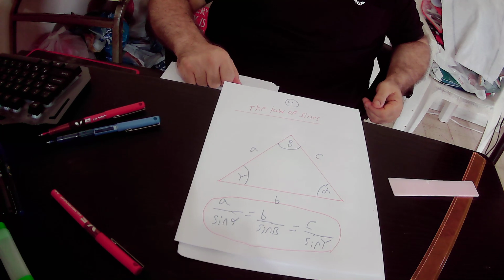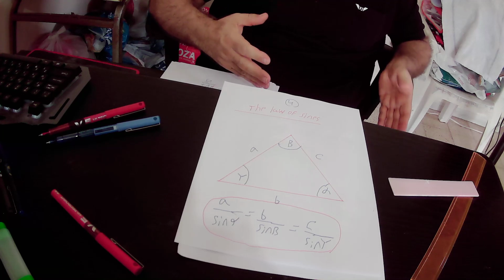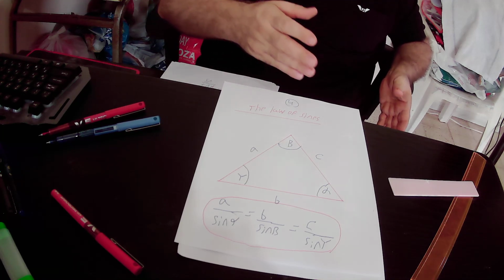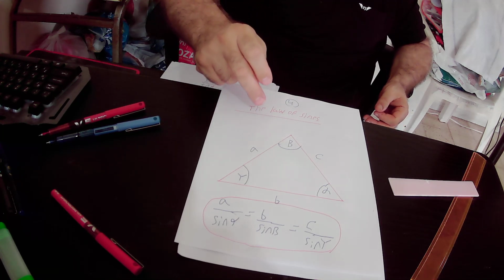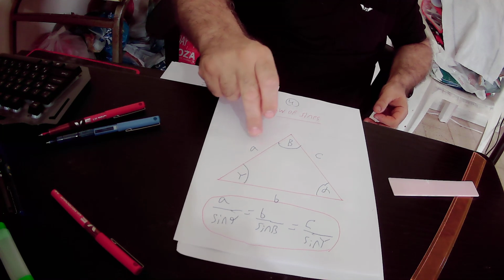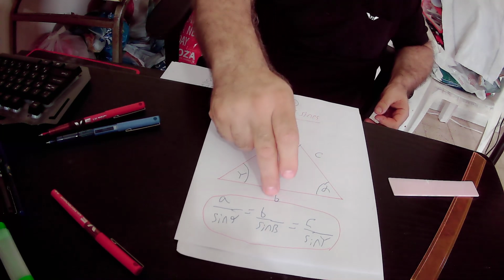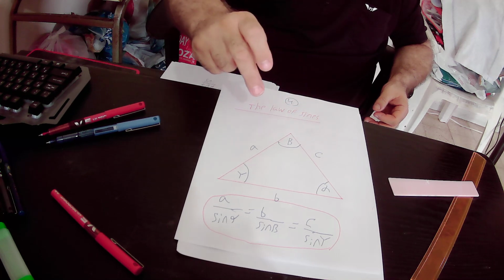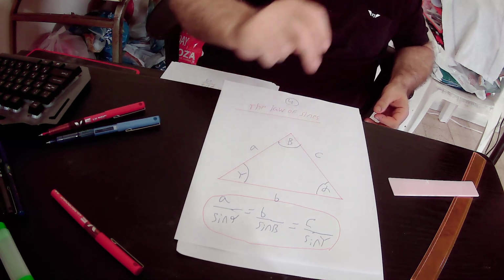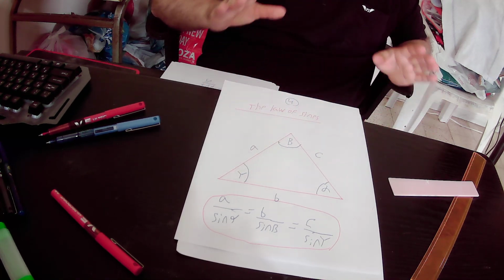The law of sines states that in any triangle the following relationship exists between the sides and the angles of the triangle: A over sine alpha equals B over sine beta equals C over sine gamma. It is true in any triangle.